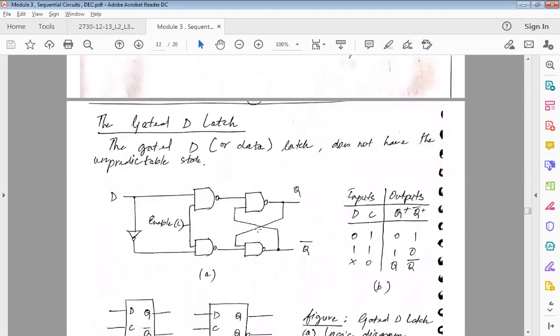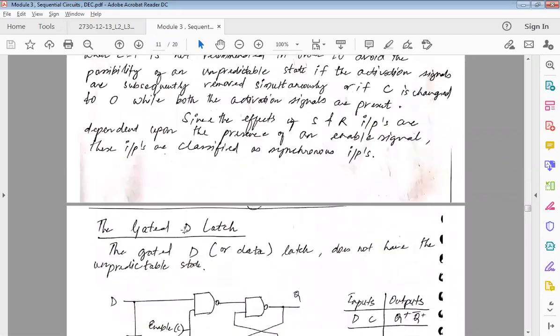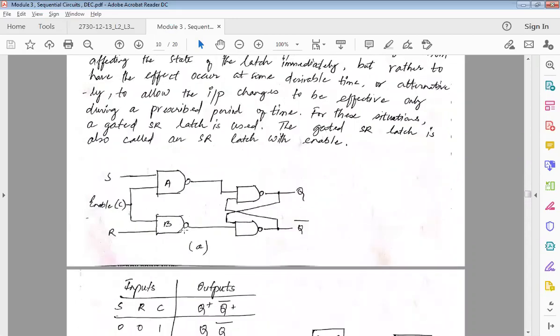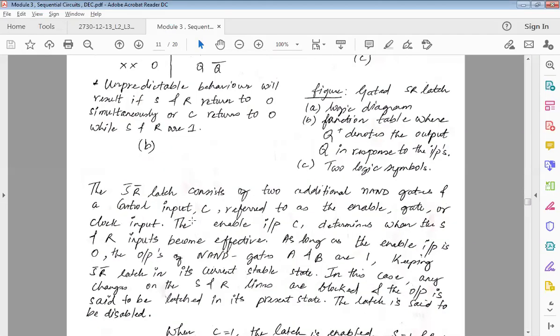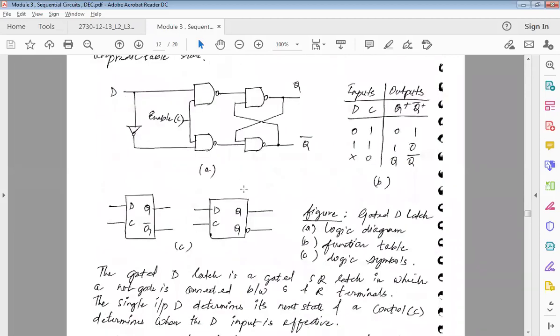Now this is your D latch, the gated D latch, which we can even call a D flip flop. All these gated ones are referred to as flip flops. In the D latch, we are just going to give one input, and the same thing is going to come across the output.